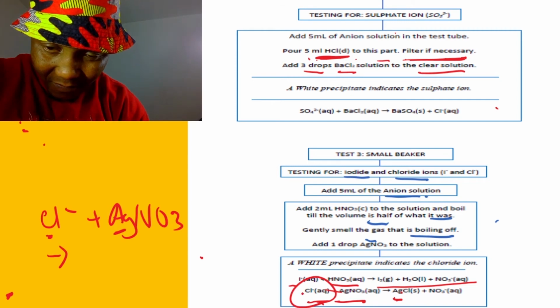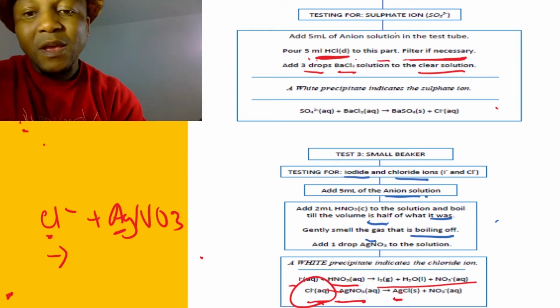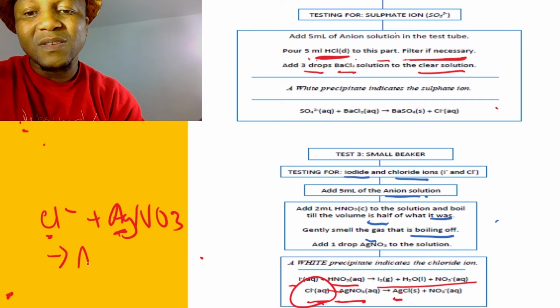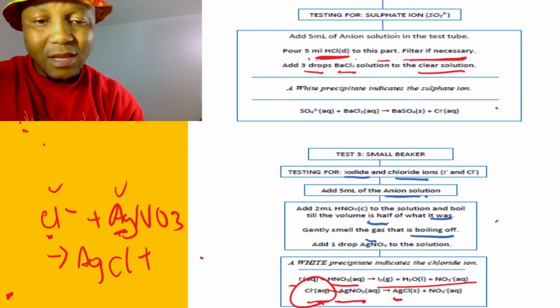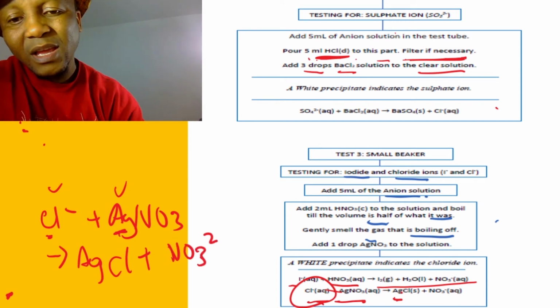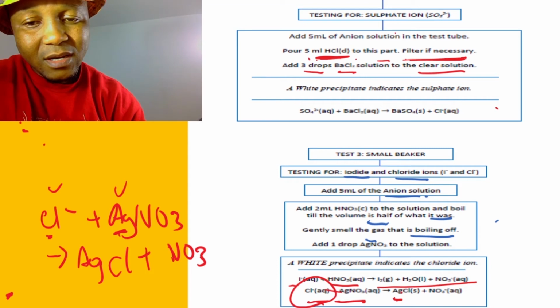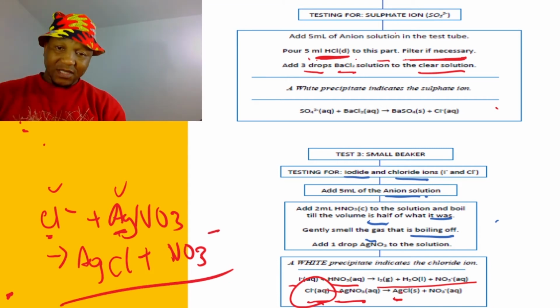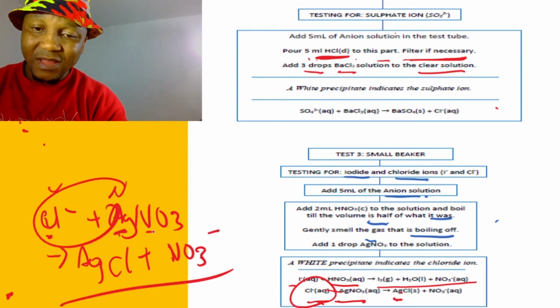So this silver is going to take the chloride. It's going to be silver chloride, which means this silver and chloride are going to be together, and then here we're going to be left with the nitrate, negative. Okay, means this and this are going to be together, and then this is going to be alone.